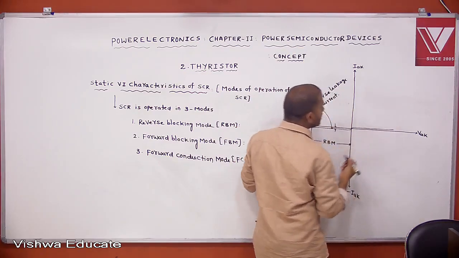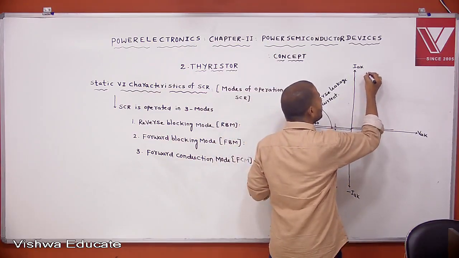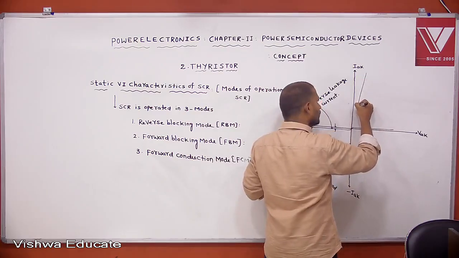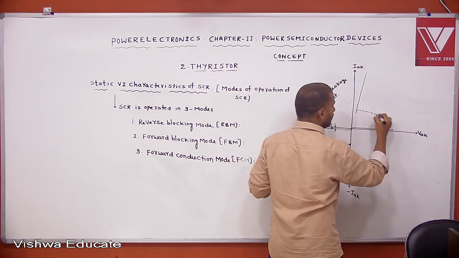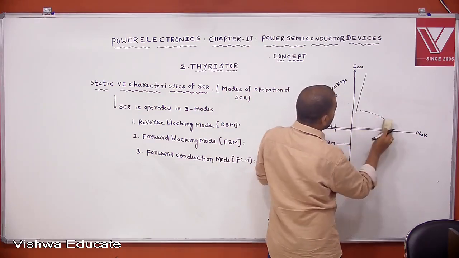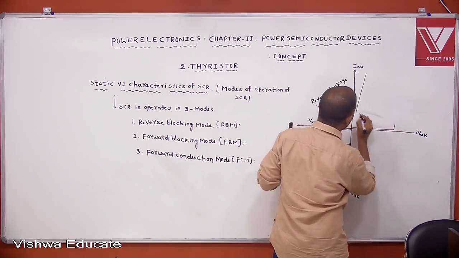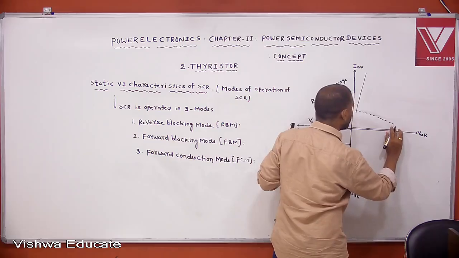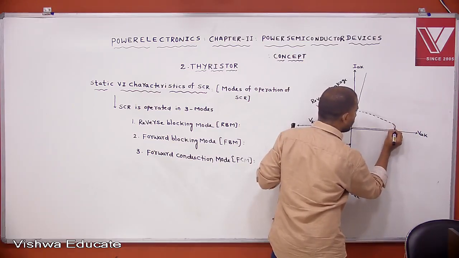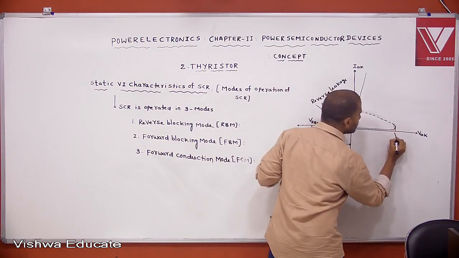This is the characteristics under forward blocking mode and forward conduction. This is the forward breakdown voltage, VFP0.